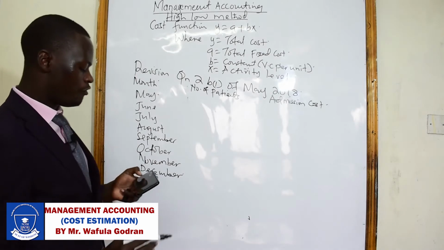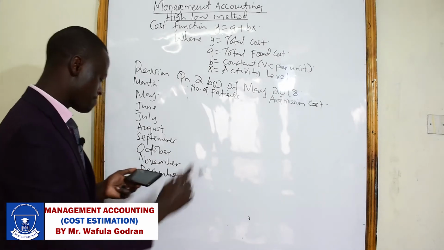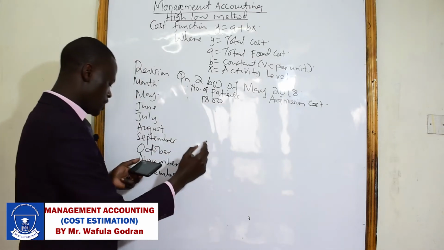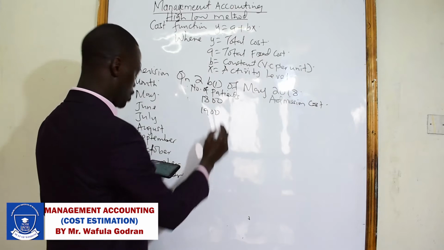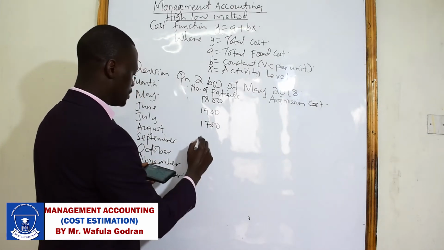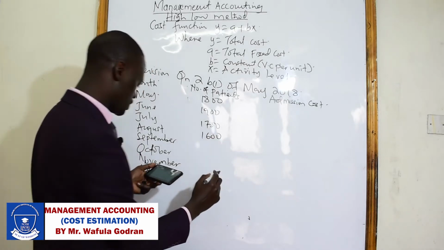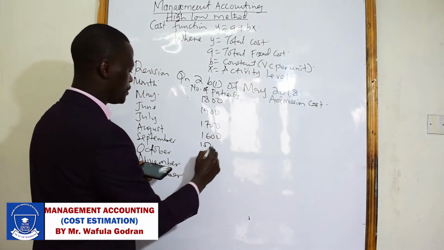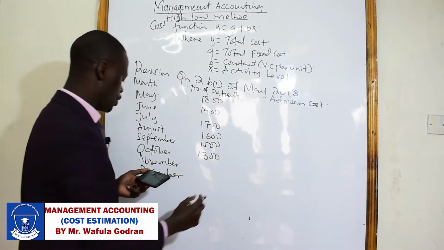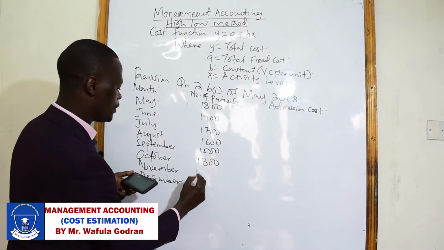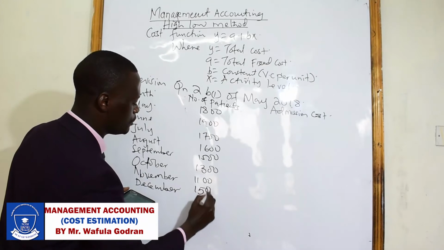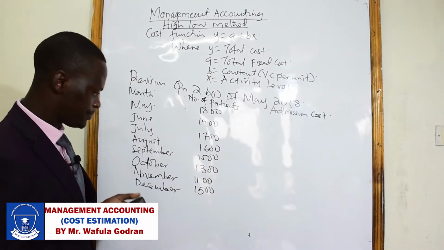The number of patients admitted is given as 1,800 in May, 1,900 in June, 1,700 in July, 1,600 in August, 1,500 in September, 1,300 in October, 1,100 in November, and 1,500 in December.